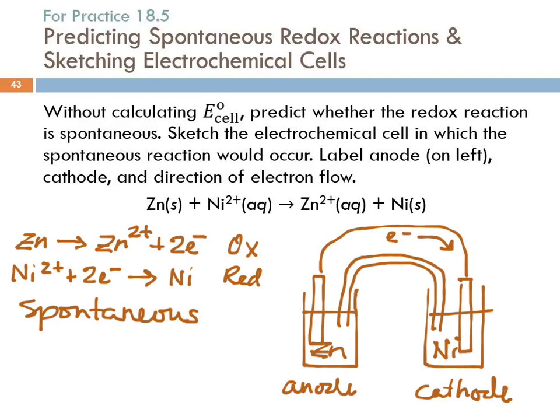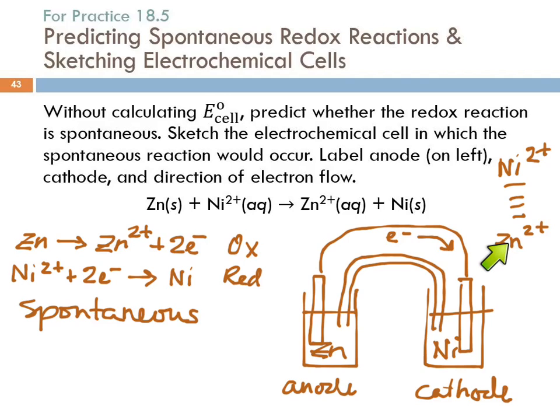So how did you get that it was spontaneous again? How did I get that it was spontaneous? I looked up zinc and nickel in the table. And I saw that nickel 2 plus is up here, and zinc 2 plus is down here. The table is written as reduction half reactions, right? So it's nickel 2 plus and zinc 2 plus. Nickel 2 plus is on top, so that one stays the reduction, and this one turns around and becomes the oxidation.